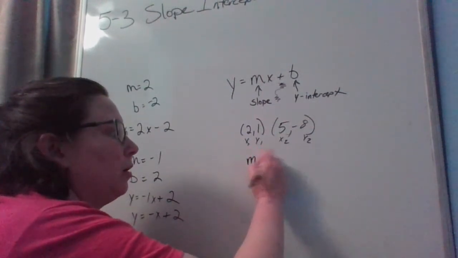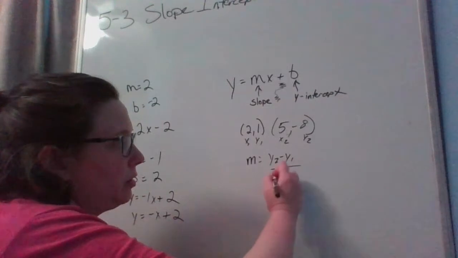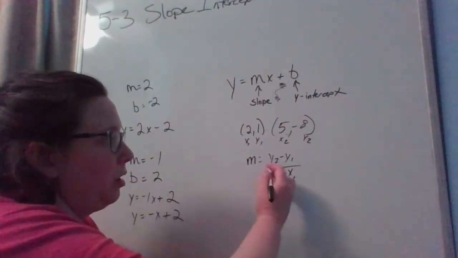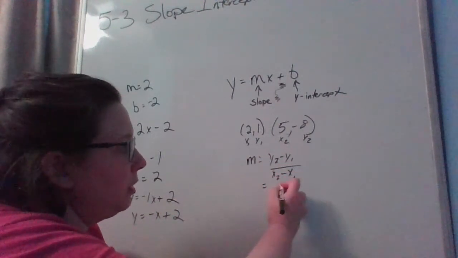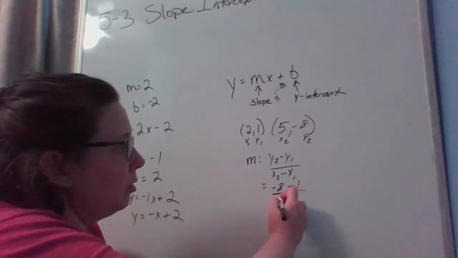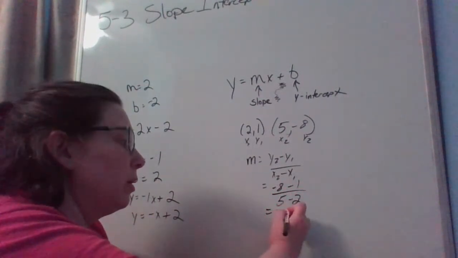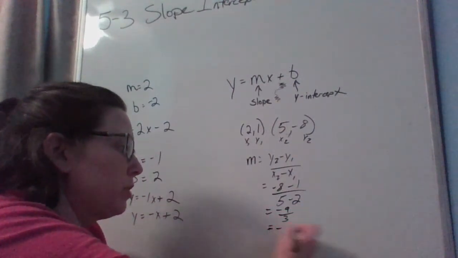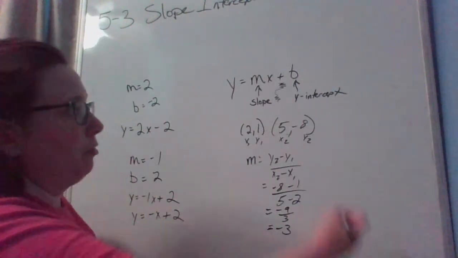So I am going to plug these into the slope formula. Y2 would be -8 minus y1, over x2 minus x1. So I would get -9/3, which just reduces to -3. So my slope here is -3.